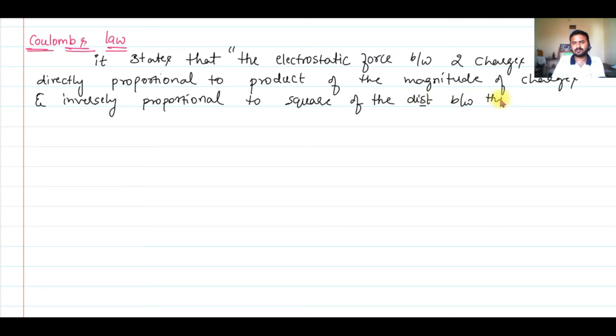Now this is very similar to Newton's law of gravity, right? Let us understand it with a diagram.